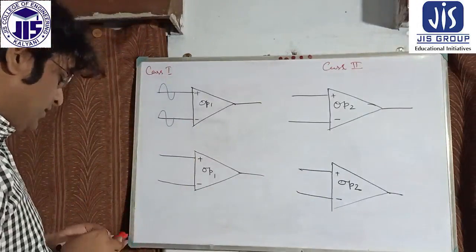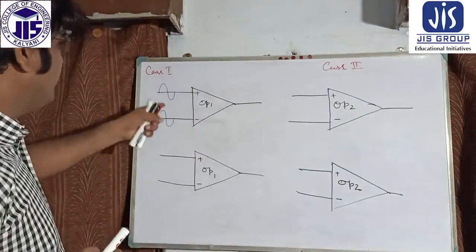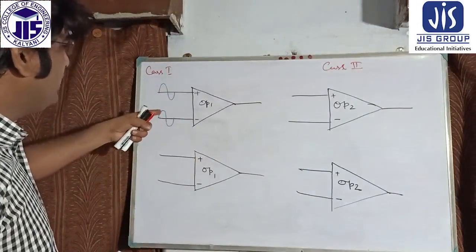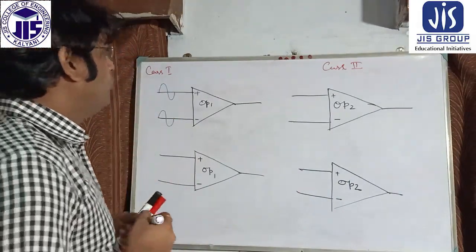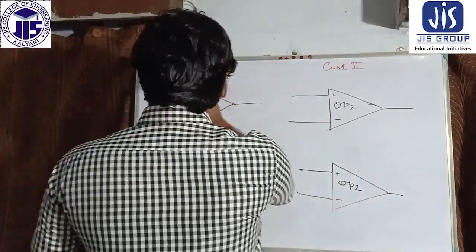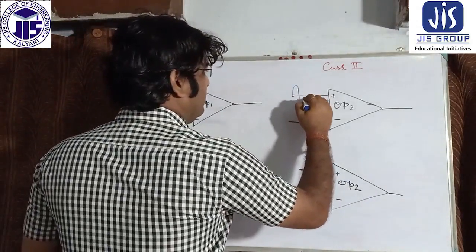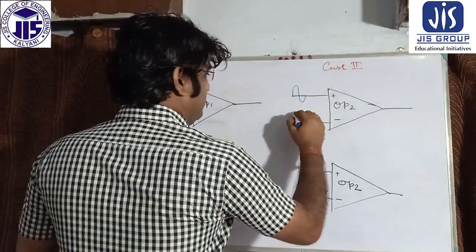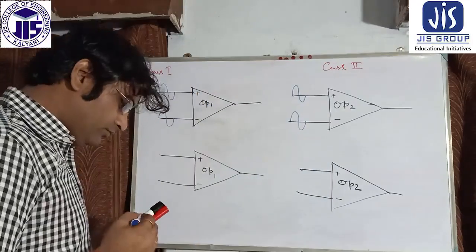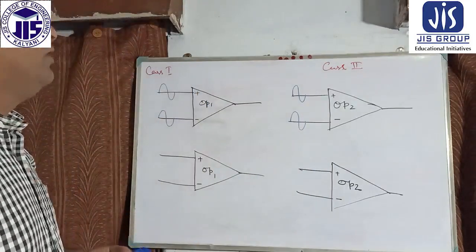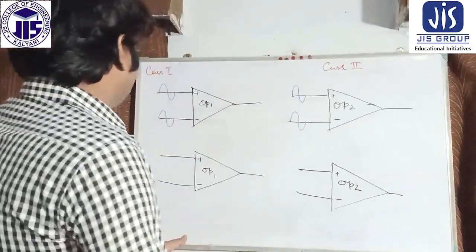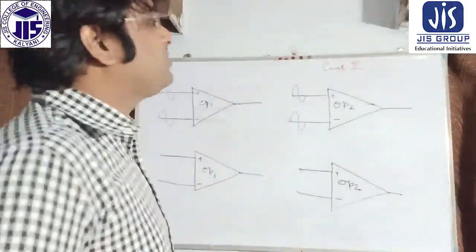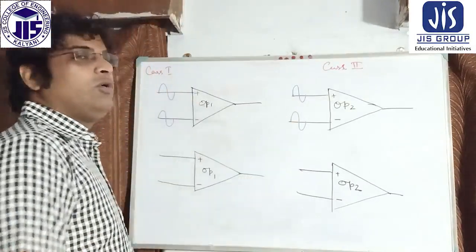Now I am introducing one signal: the same signal to the non-inverting terminal and inverting terminal, and the same experiment is done on both. This is the case 1 concept and this is the case 2 concept, with op amp 1 and op amp 2.